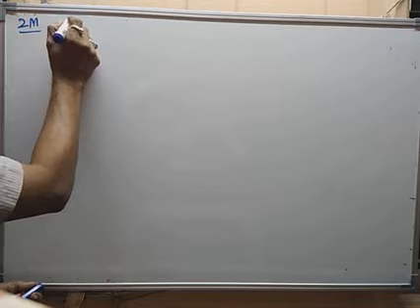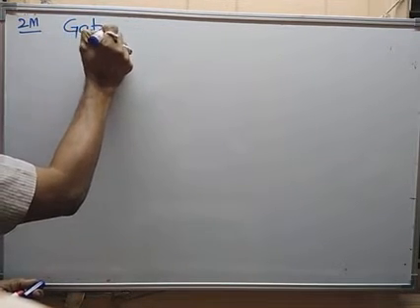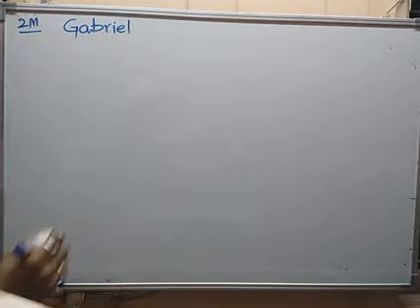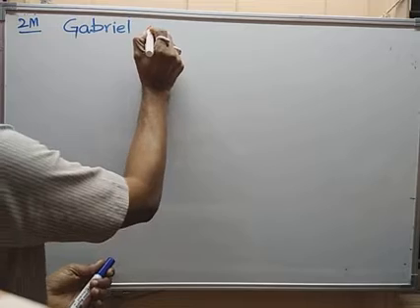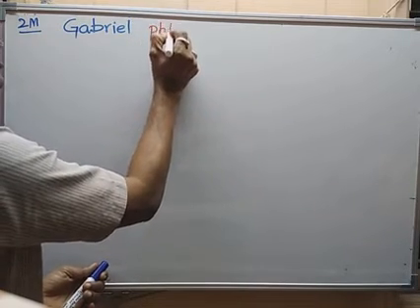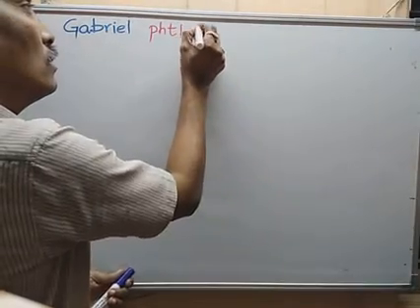The sequence of reactions involved here is a synthesis named in memory of a scientist, Gabriel. The starting material is phthalimide, PH, TH, where P is silent.